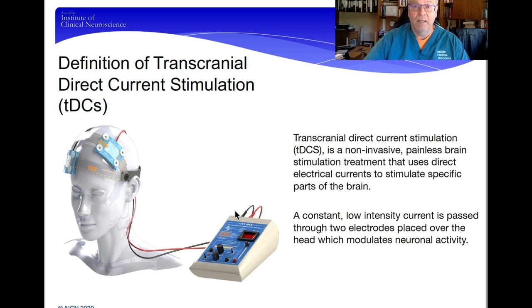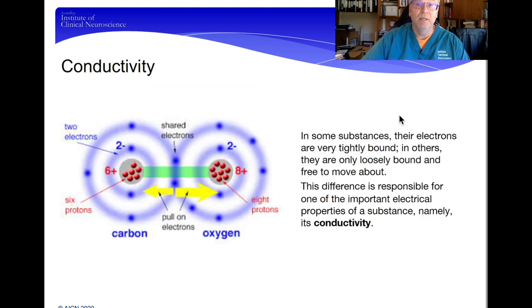Now let's look at how we can understand what's actually happening in the head and in the tissues where we're applying the direct current. The first thing we need to look at is how this current is generated. How do we actually make the current move, and what is this current that's moving through the brain or through the body? Let's go all the way back to the atomic structure and electrons, protons and neutrons.